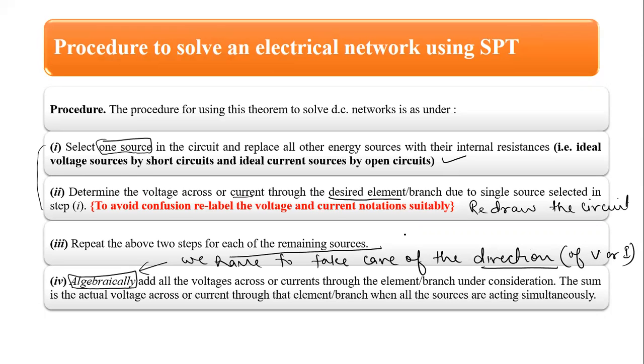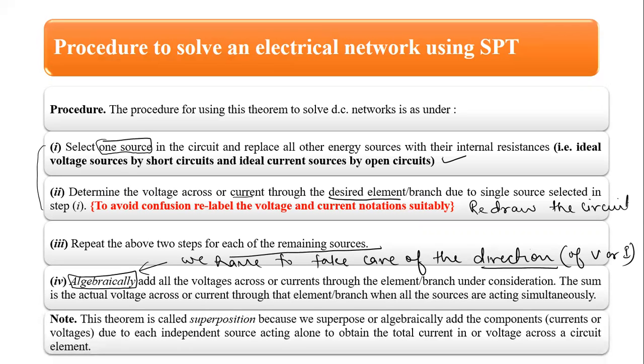Adding them algebraically will give us the net effect in the branch, the net current in the branch. This theorem is called superposition because we are superposing all the currents in a particular branch, adding them algebraically to get the net effect in the circuit.